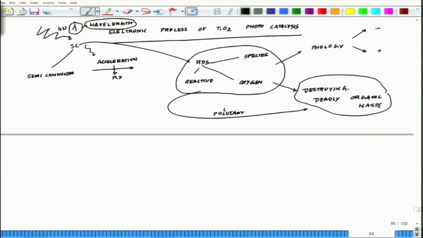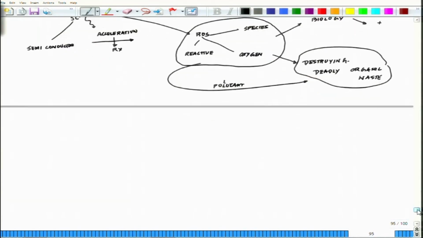It must be noted that during the photocatalytic reaction, at least two events must occur, and this part is exceptionally important. Two events must occur simultaneously for successful production of ROS to occur. What are those events?